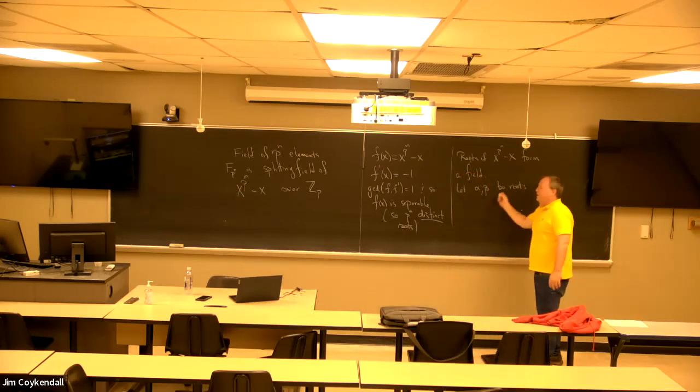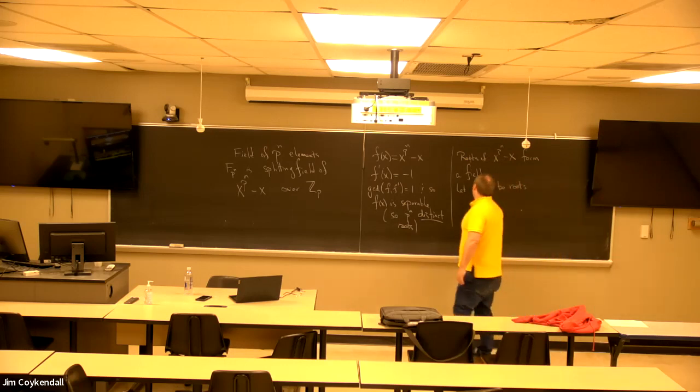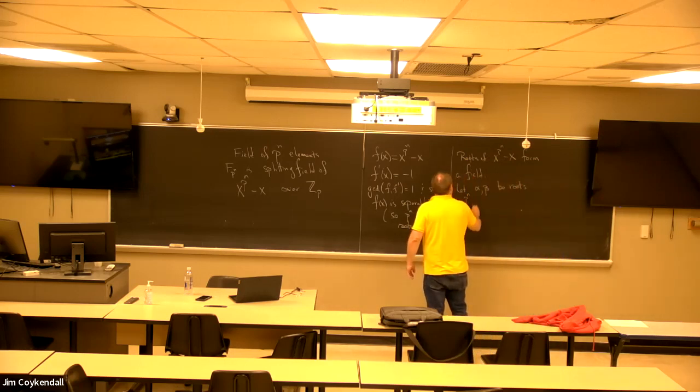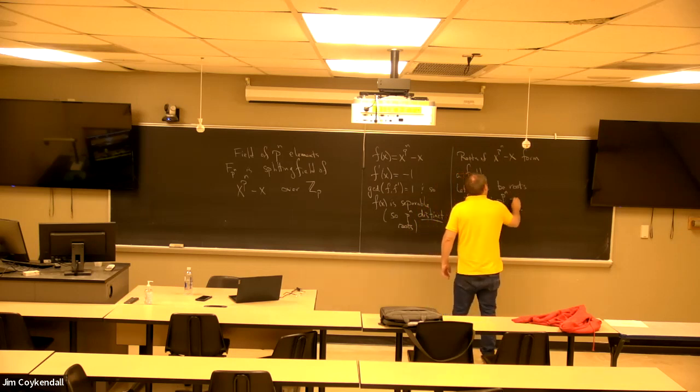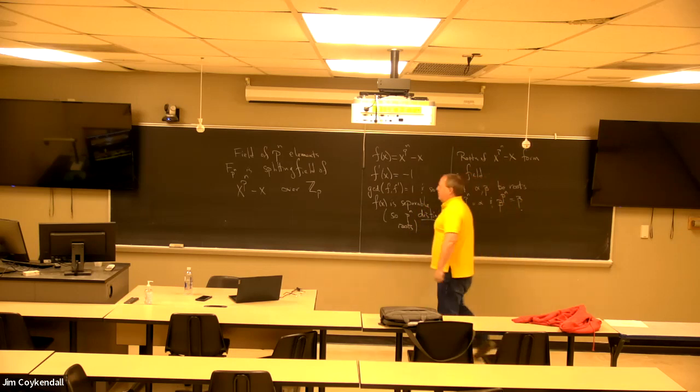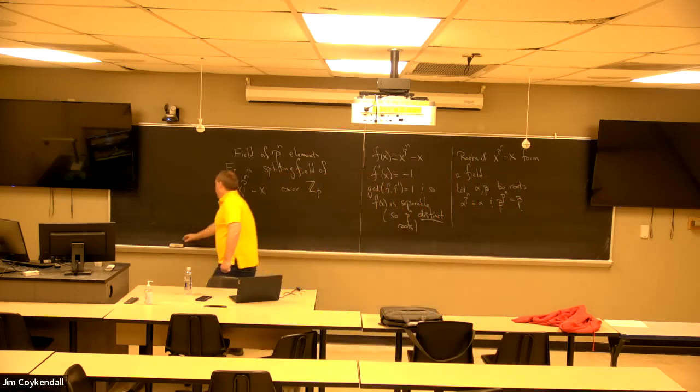So suppose alpha and beta are roots of this. Well, this means that alpha to the p to the n is alpha and beta to the p to the n is beta.